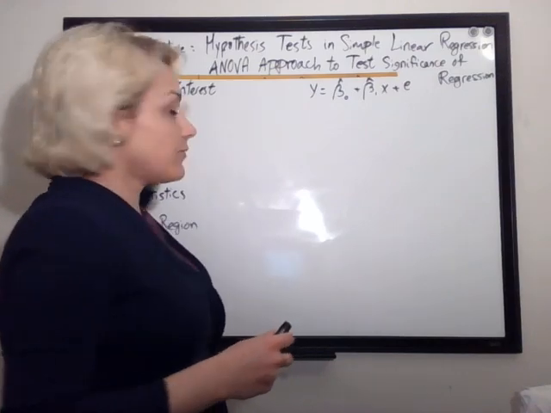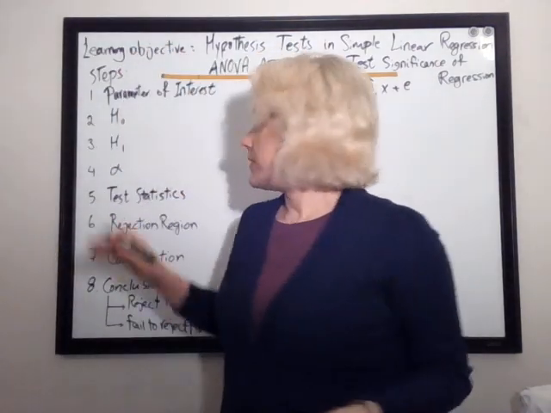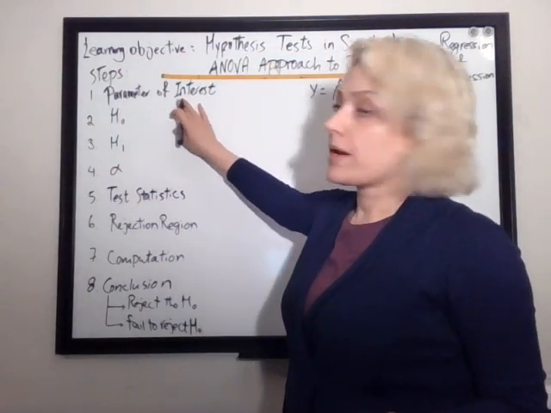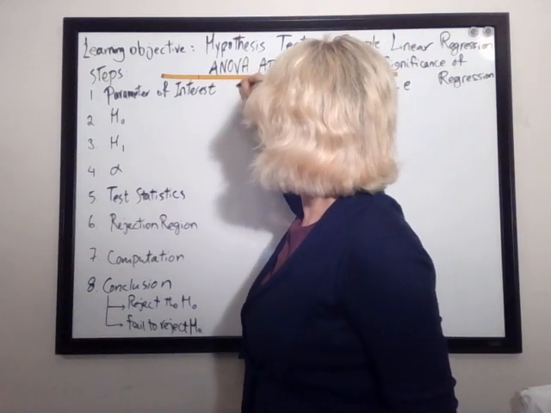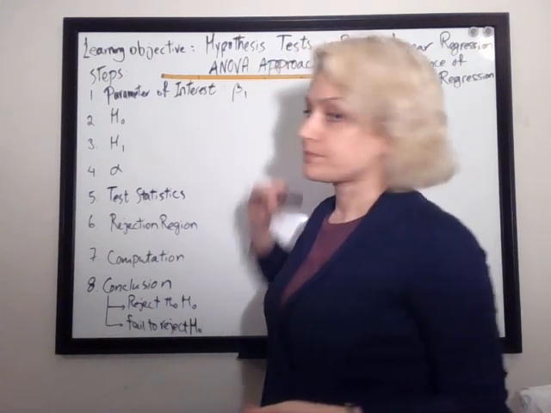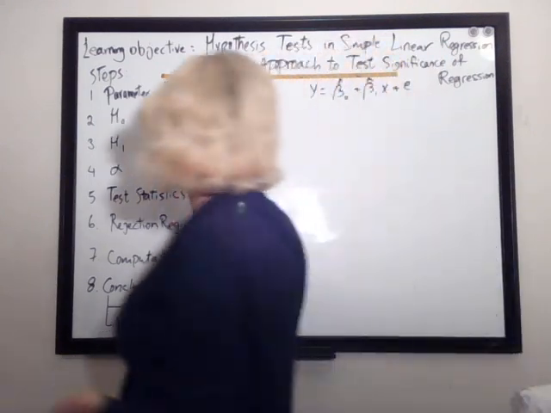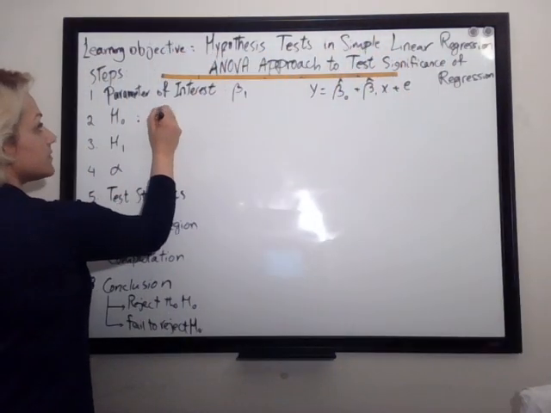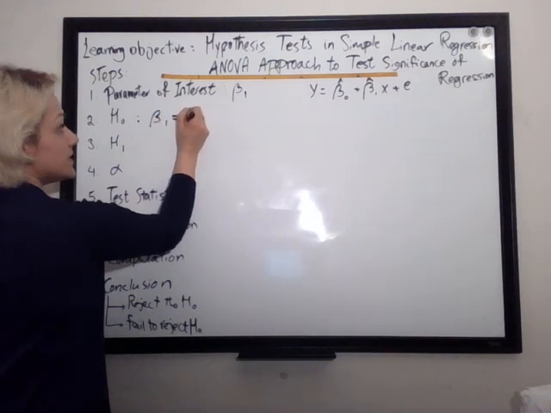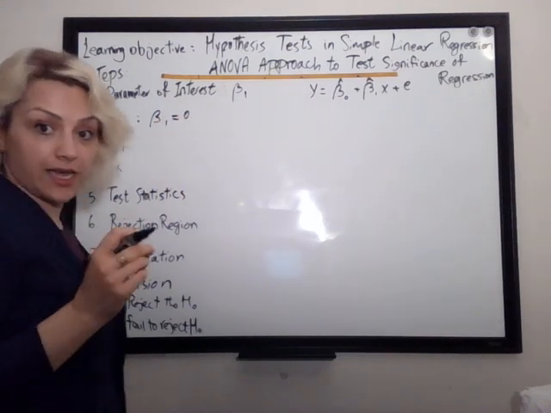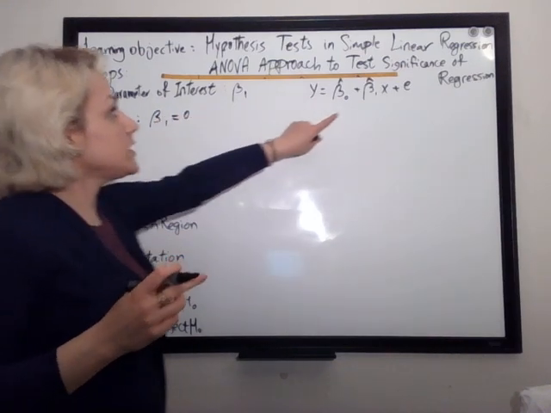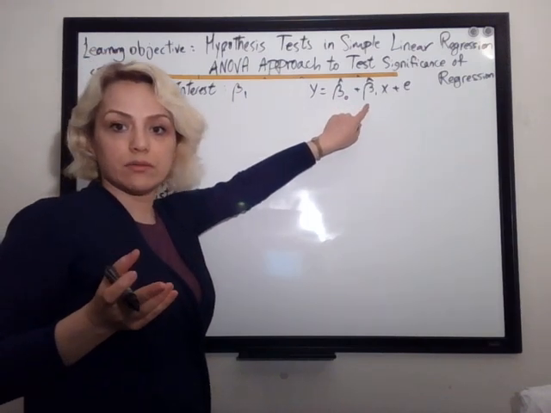Let's work on the steps. The first thing is, what's the parameter of interest? The parameter of interest is beta 1. For the null hypothesis, we say beta 1 is equal to 0, because it's a special case. Think about it: if beta 1 is equal to 0, what's going to happen?